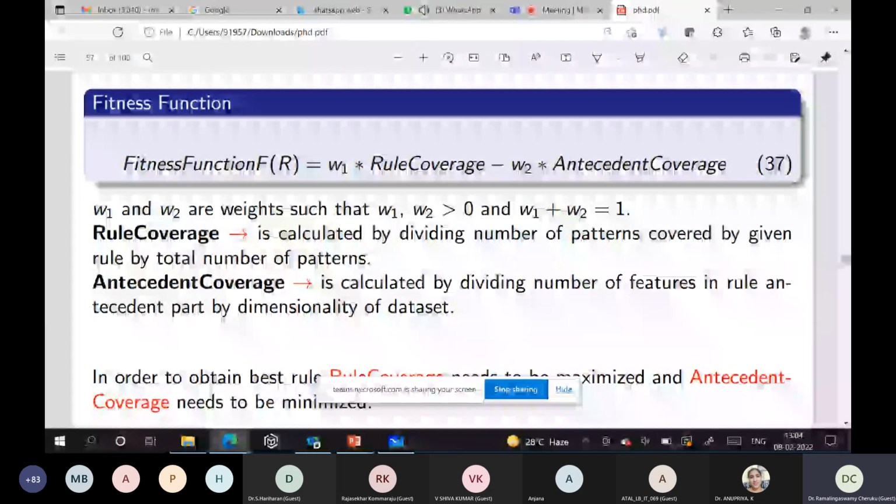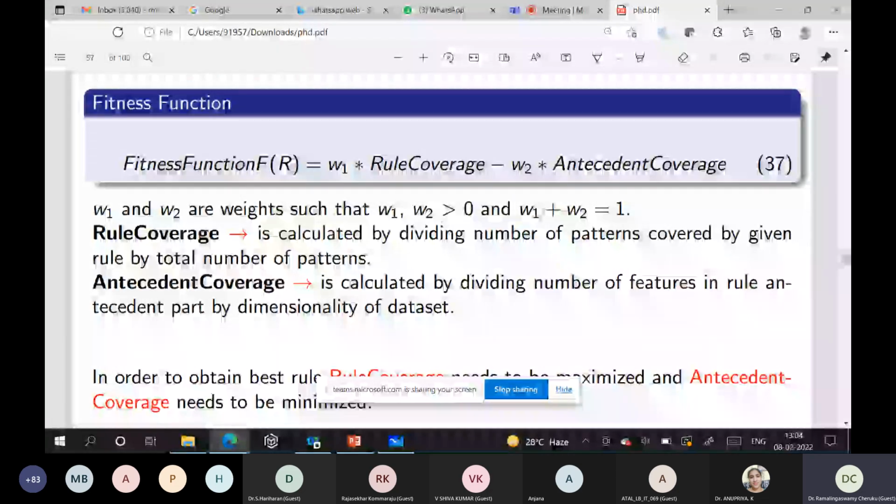So the first part takes care of performance. We want to get better performance, and at the same time we want to minimize the length of the rules. That is why it is multi-objective. We have used the minus sign because we want to maximize the rule coverage and minimize the antecedent coverage.